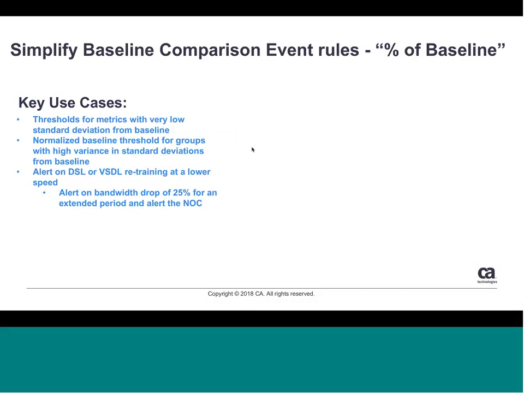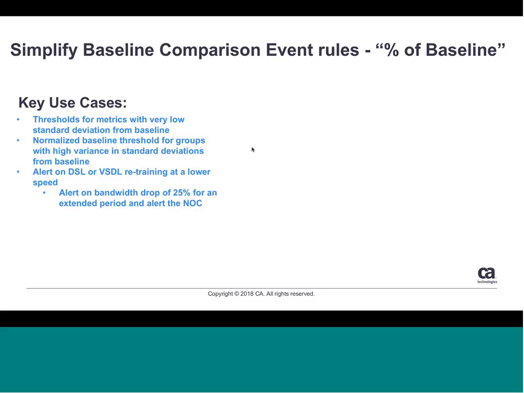Now, what we had previously was the ability to add how many standard deviations from the baseline that particular data point being evaluated at that particular time was. So Monday, 9:05 a.m., we have utilization at X%. How many standard deviations from my baseline average was that value?